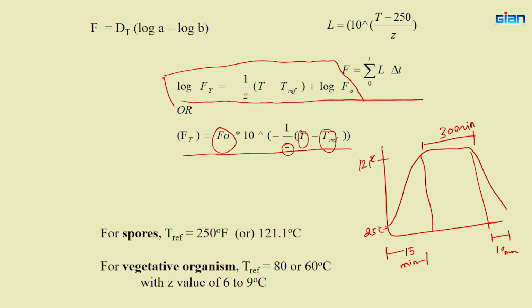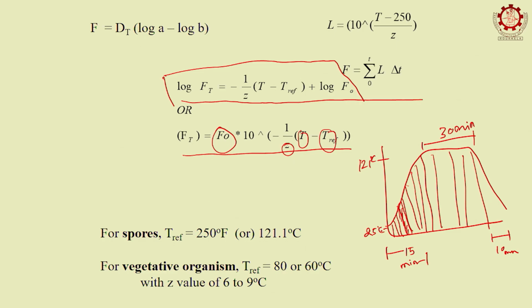So essentially what we are trying to do here is, when I start here, I'm going to take this temperature history data, and then I'm going to divide this into smaller time segments. And then I'm going to look at, for each segment, how much accumulation of bacterial death happens. So in other words, when I start at 25 degrees Celsius, the temperature is very low.